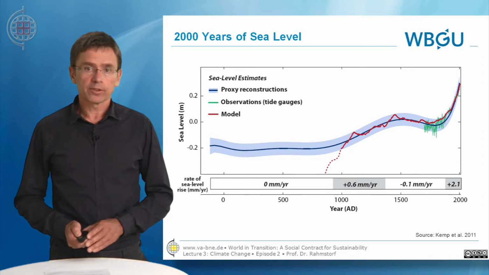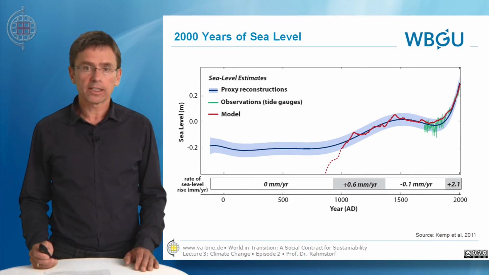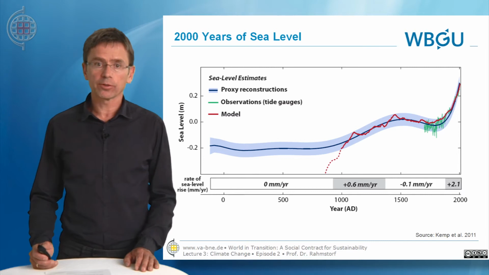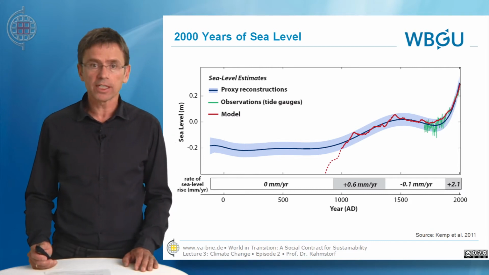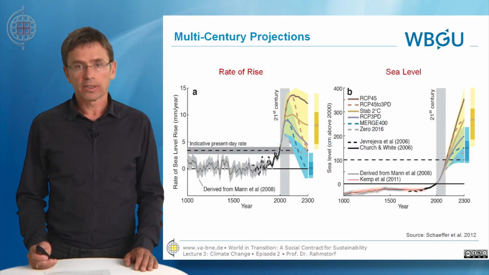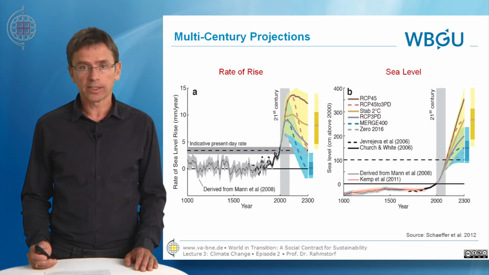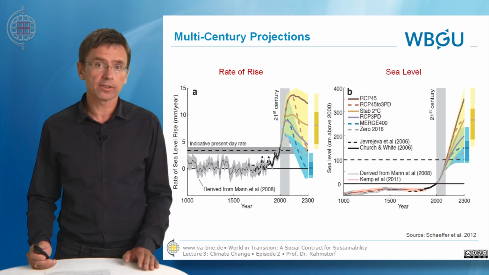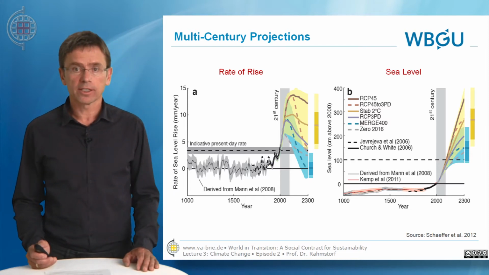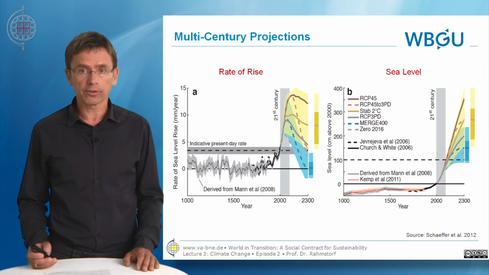So we have used this approach also quite recently to project a bit further into the future, up to the year 2300. And on the left-hand side, you see how the rate of sea level rise changes in various emission scenarios. On the right-hand side, you see the overall sea level rise.